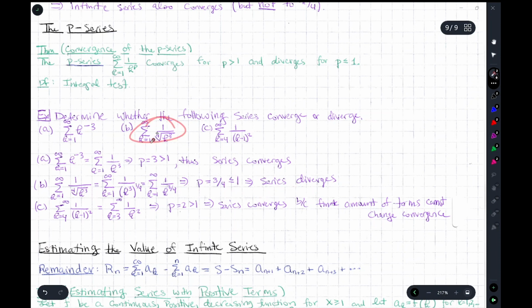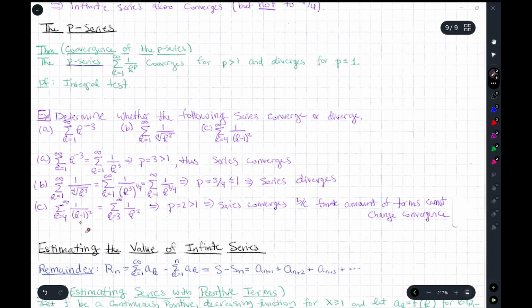What about this over here? Well, taking the fourth root is the same as taking the power to 1 over 4. And so you get k cubed raised to the power 1 over 4. That's k to the 3/4. 3/4 is less than or equal to 1, and so the series diverges by the p-series test.